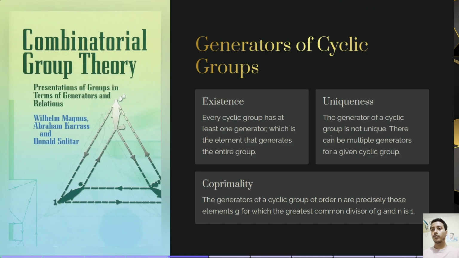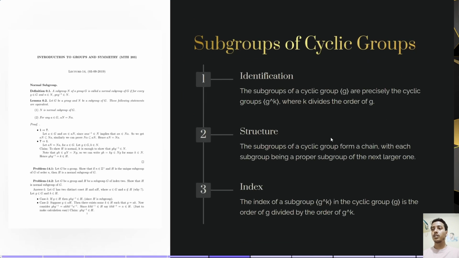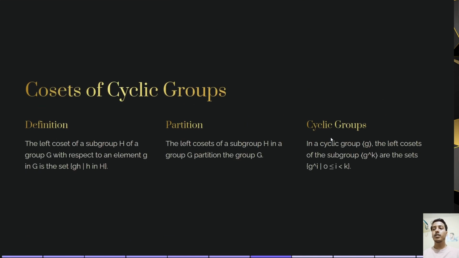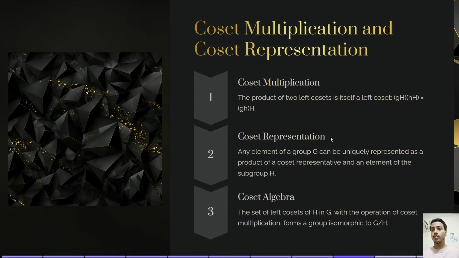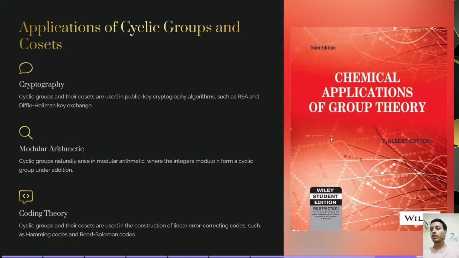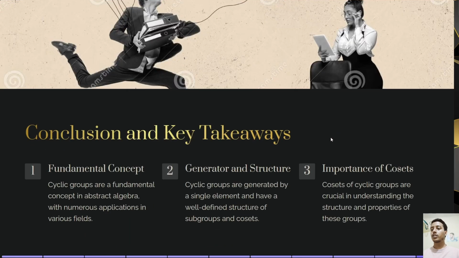Then we looked at the subgroups of cyclic groups and the cosets of cyclic groups. Then we saw Lagrange's theorem and cosets. Then coset multiplication and coset representation. Then we saw the applications of cyclic groups and cosets. And the last one, we saw the conclusion and the takeaways.